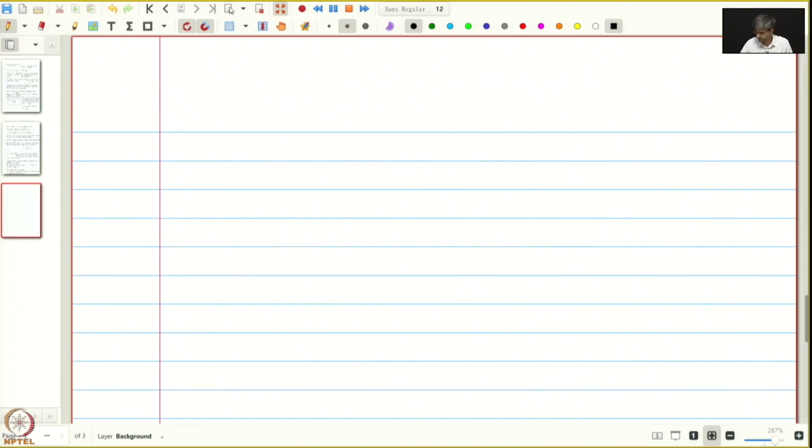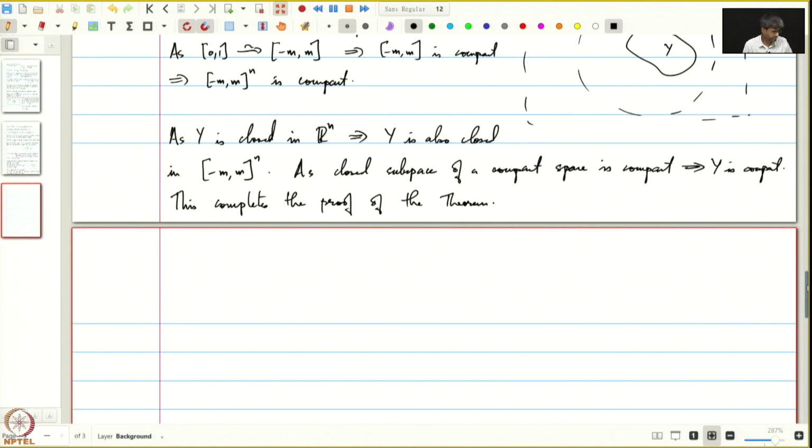Okay. So as an application of this theorem, let us prove that SO(n) is compact. So recall, SO(n), or the same proof for O(n) will work, is the set of those matrices A with real entries such that A transpose A is equal to the identity, n cross n identity.